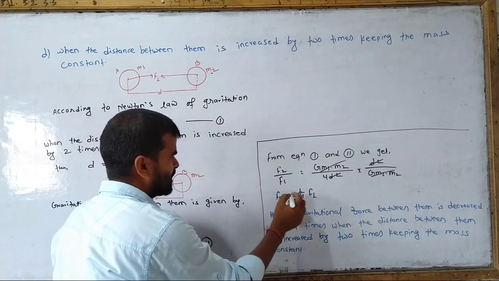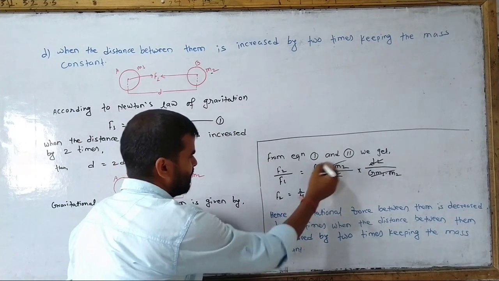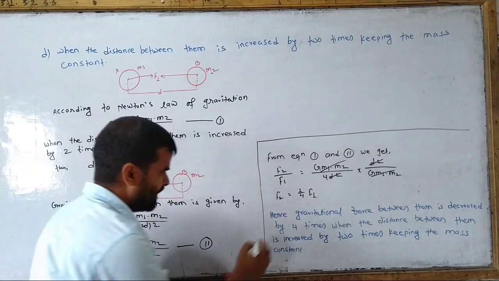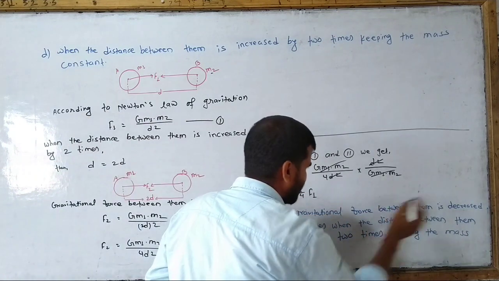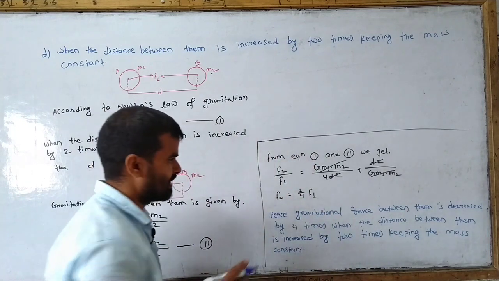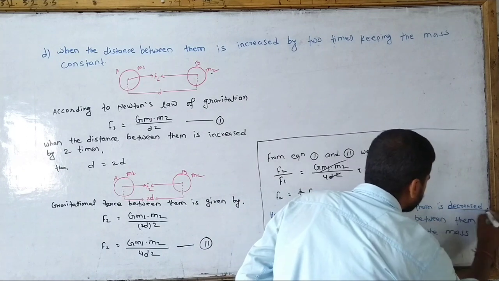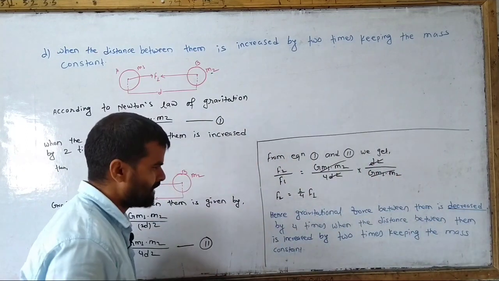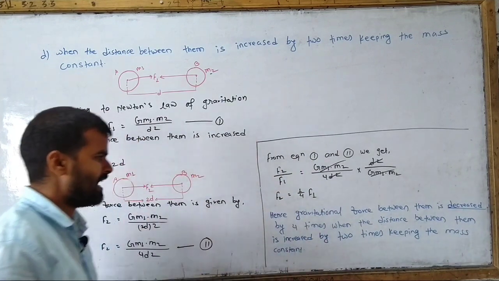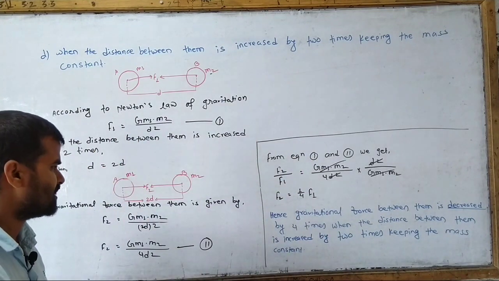Now F2 is equal to 1 by 4 F1. Hence, the gravitational force between them is decreased by 4 times. Here not increased. Gravitational force between them is decreased by 4 times when the distance between them is increased by 2 times, keeping the mass constant.